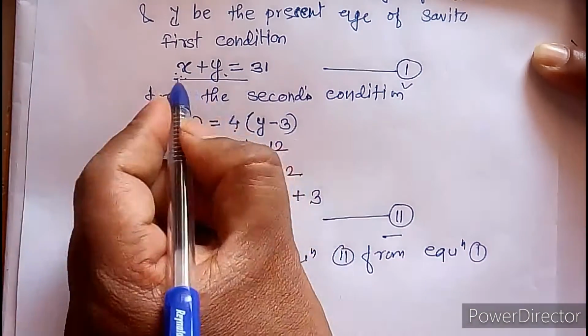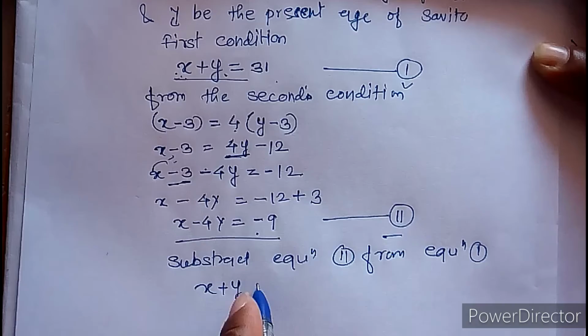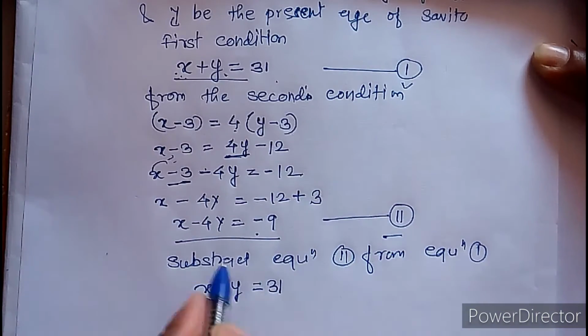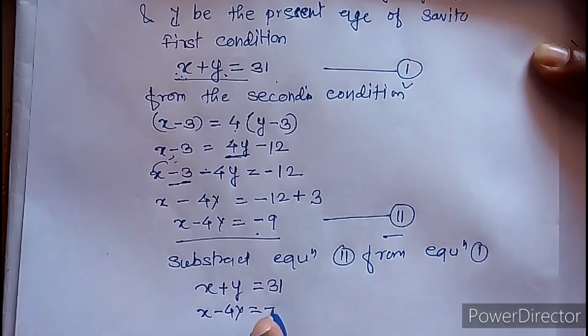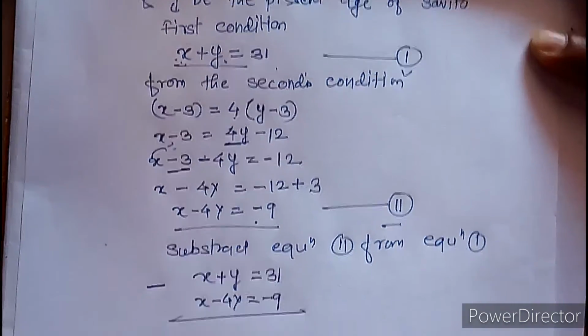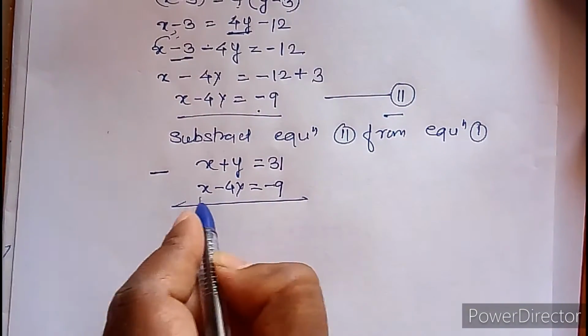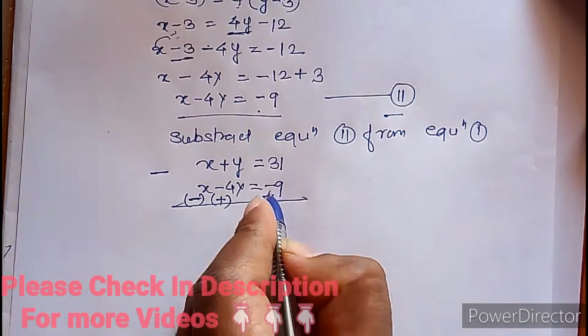Equation 1 is x plus y equals 31, and equation 2 is x minus 4y equals minus 9. We have to subtract, therefore write a minus sign here. This minus sign makes the signs change: minus becomes plus, plus becomes minus.